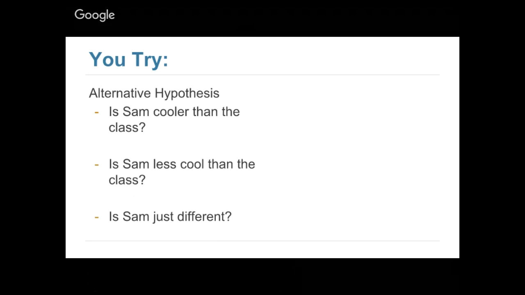I think it's the first 2 is maybe like, or take his coolness as some class average and look at that distance. This is from class average. For the last question, even for the second question, it's less cool than class. That's what we're trying to find, that distance.